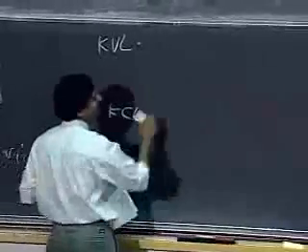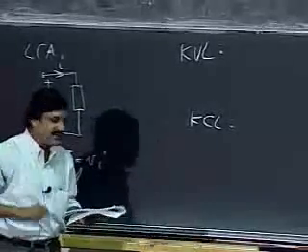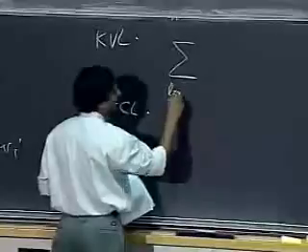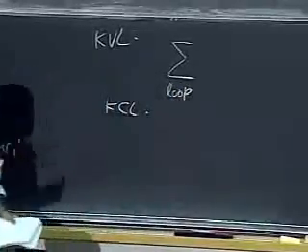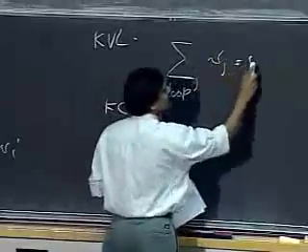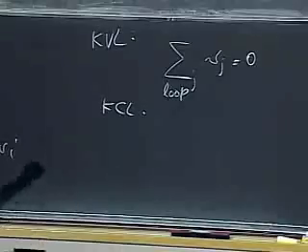KVL simply states that if I have some circuit, and if I look at the voltages in any loop, then the voltages in a loop would sum to 0. So I measure voltages in a loop, and they will sum to 0.